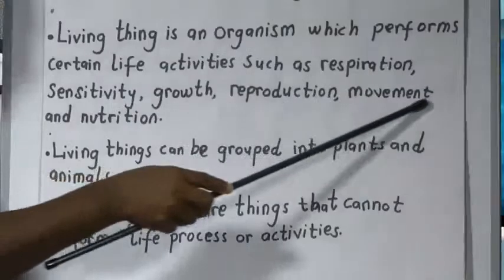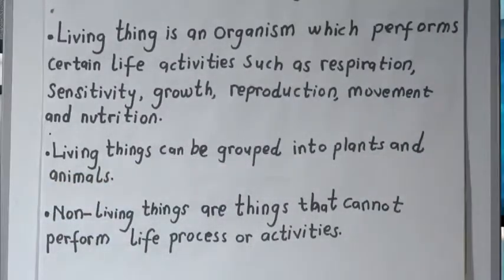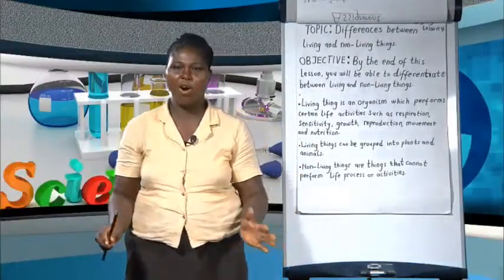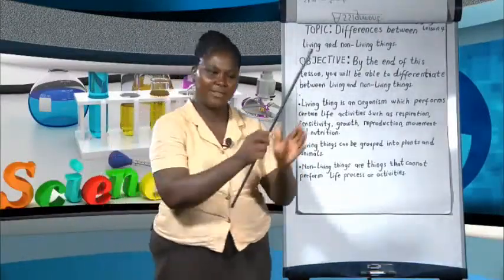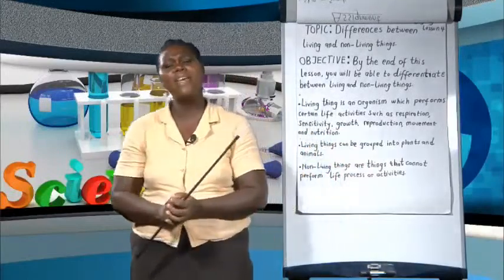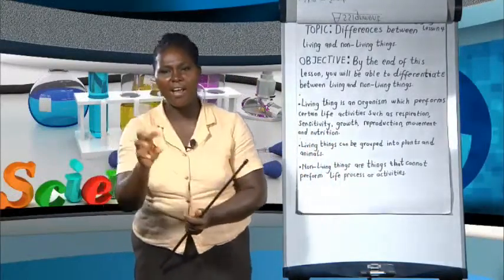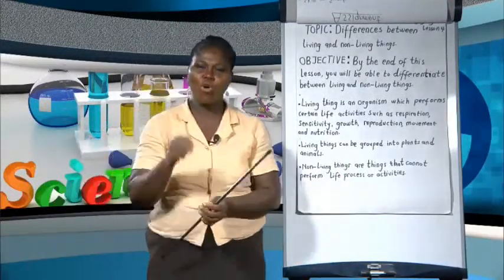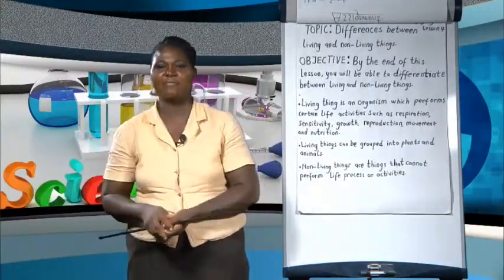And then movements. Non-living things cannot move on their own accord unless they are moved by something. Now one may say a car is a non-living thing, so how can a car move? Somebody can ask, why is it that a car moves but it's not a living thing?